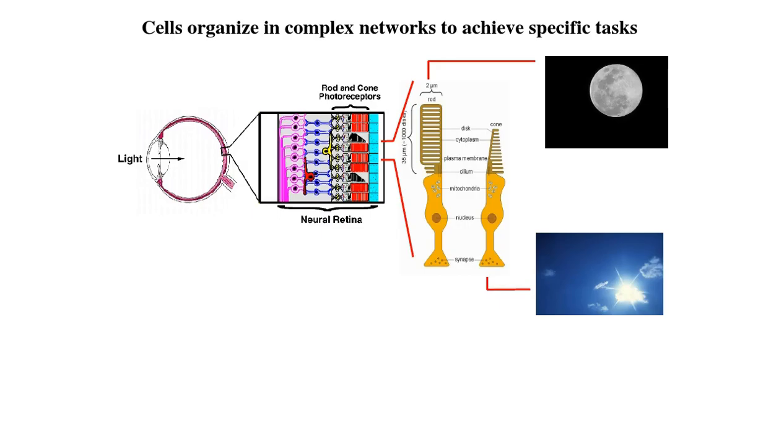So to better understand this notion of synapses, let's take the example of the retina. The retina is basically a piece of the brain located at the back inside our eye where the light is coming in. So the light goes until it hits specific cells, which are called photoreceptors. There are two types of cells, the rods and the cones.